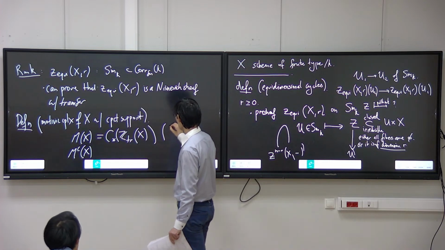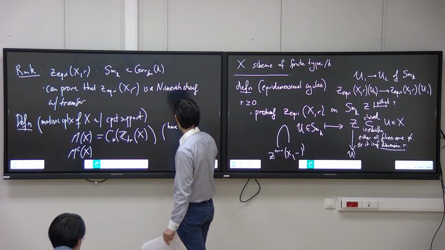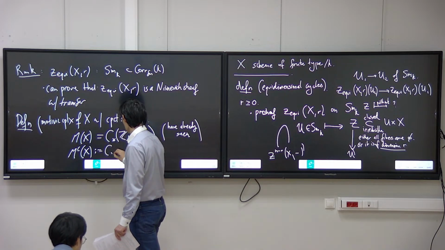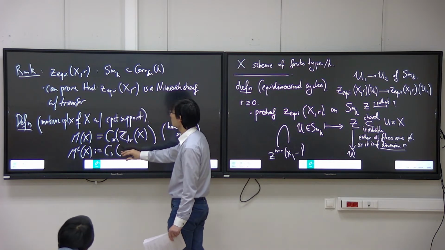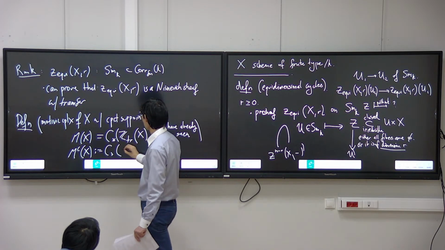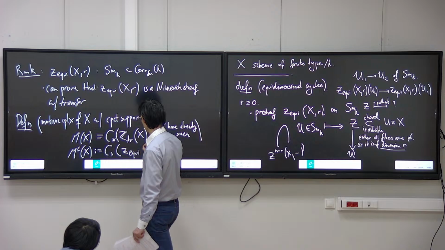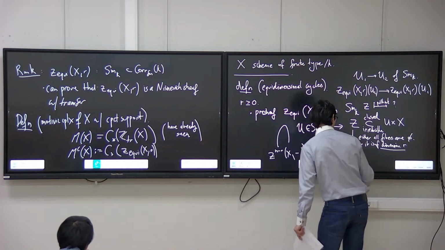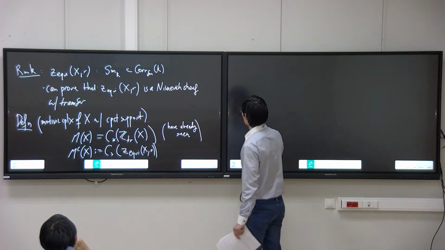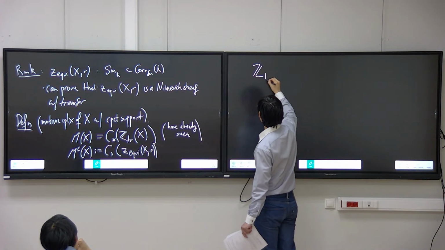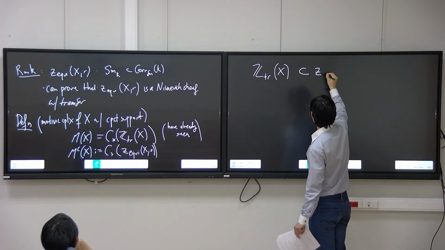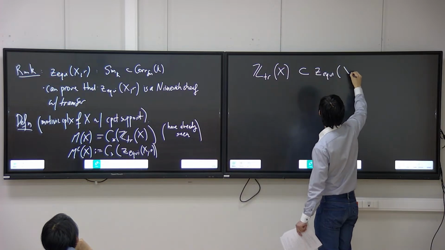This, as we've already seen, the definition here will be: I take the Suslin complex of this equidimensional sheaf at 0. Let me explain what is going on here. First of all, I hope it's clear that this sheaf Z tr X is contained in Z equi of X at 0.